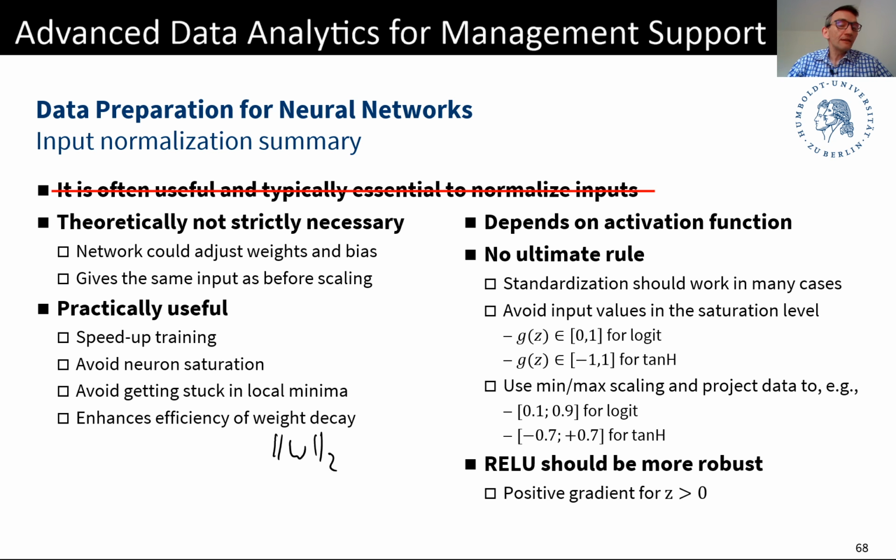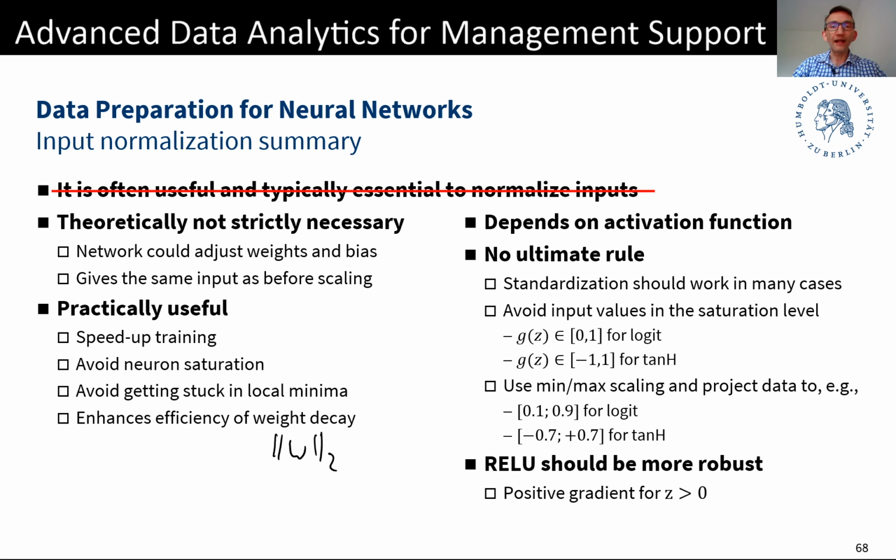In that case, it's not entirely unlikely that you will observe certain feature values that are large, that are 3 or 4 or larger. A standard normally distributed variable will show these values in the extremes and the tails, and these values would already run into the saturation level of your sigmoid or hyperbolic tangent function.